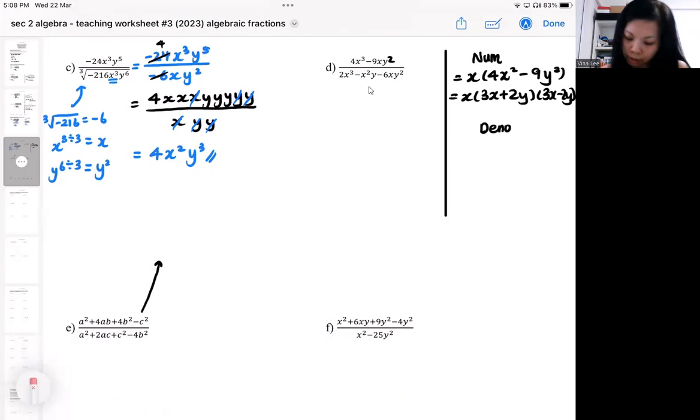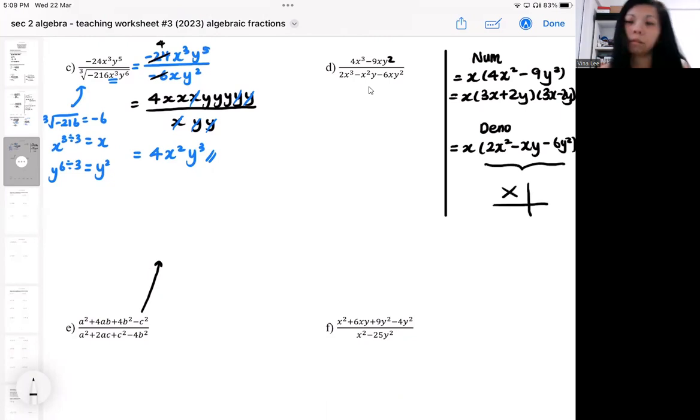For the denominator, there is also a common factor. The common factor is x. And you've got to try to do the cross, or what we call the multiplication frame.